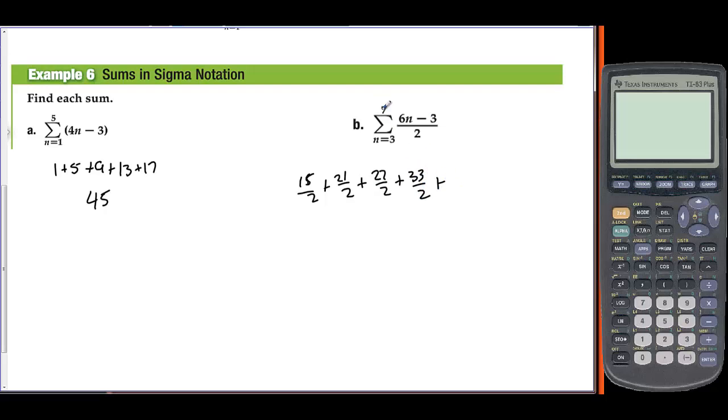And then finally we plug 7 in, that's 42 minus 3, that's 39 halves. So 15 and 21 is 36. 36 and 27 is 63. 63 plus 33 is 96. And then 96 plus 39 is 135 over 2.